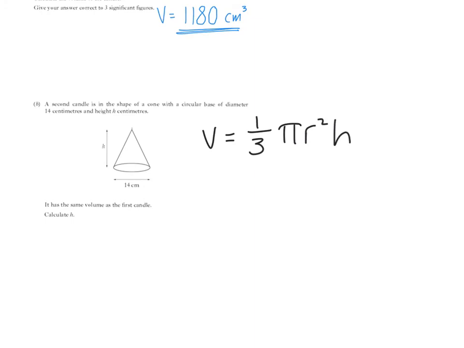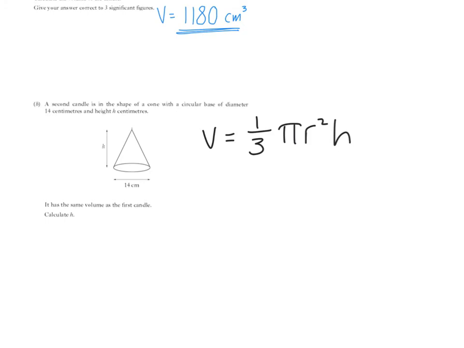We would normally use this formula to work out the volume, but in this case, since we know the volume is the same as the volume of the original candle, 1180, we can use this formula to work out the height of our cone instead.